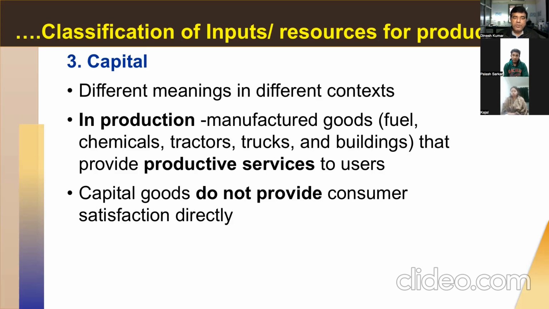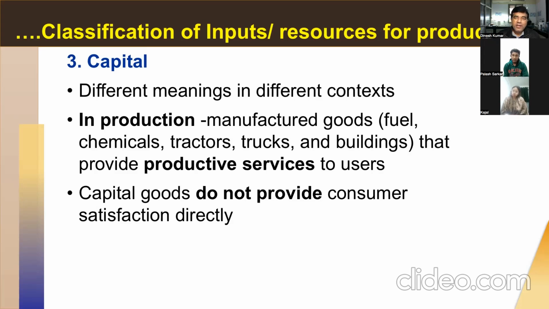Capital goods do not provide consumer satisfaction directly. If you are using a tractor, the consumer is not bothered which machine you have used, or which seed you have used, or which irrigation you have used. It is none of the business of the consumer. So the consumer will not feel the value of the capital.